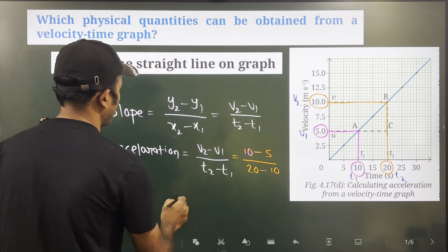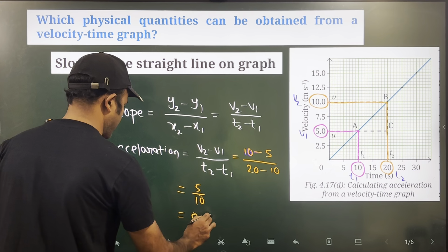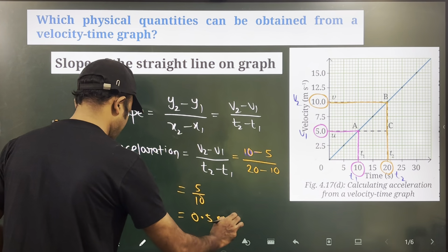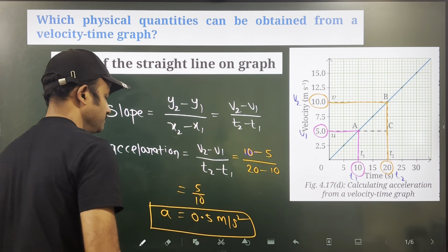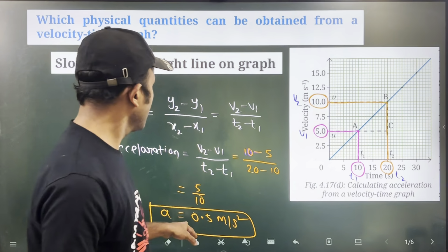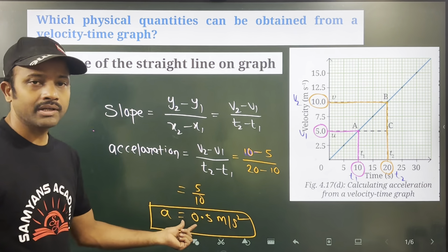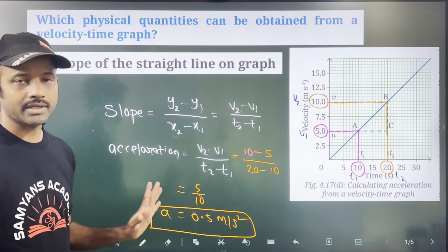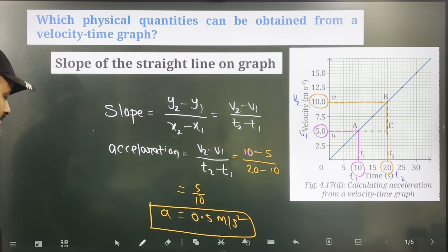So from this graph we get 5 by 10, that is equal to 0.5 meter per second square. So this is the acceleration of the graph. The acceleration of this graph we got here is 0.5 meter per second square. In this way we can find out the acceleration.